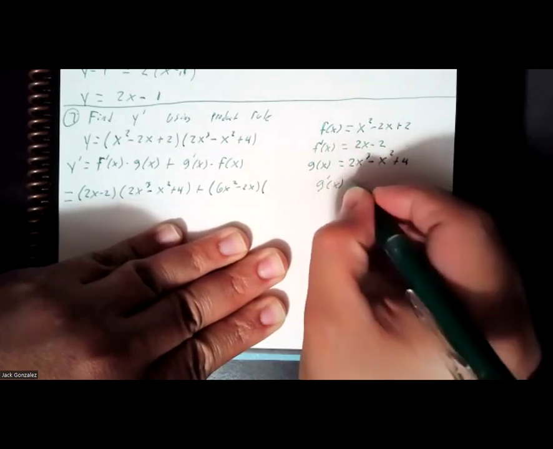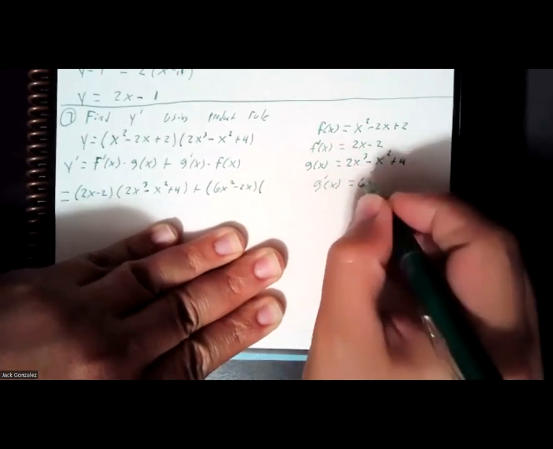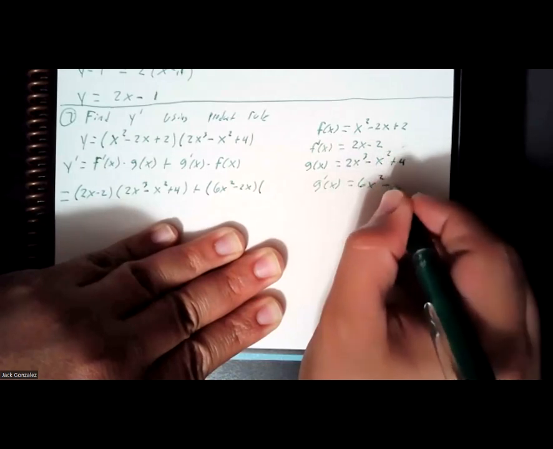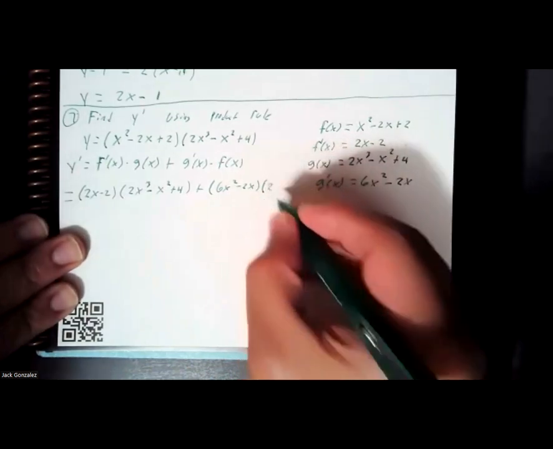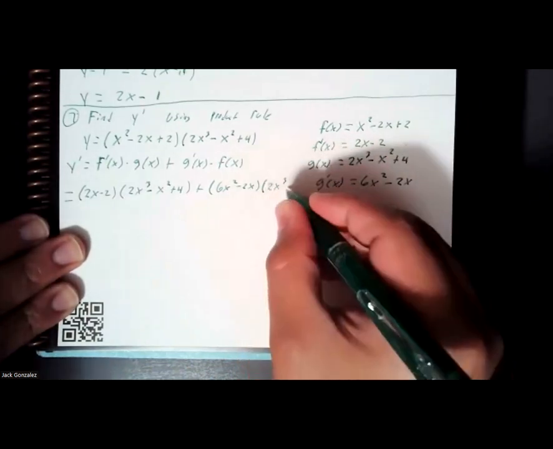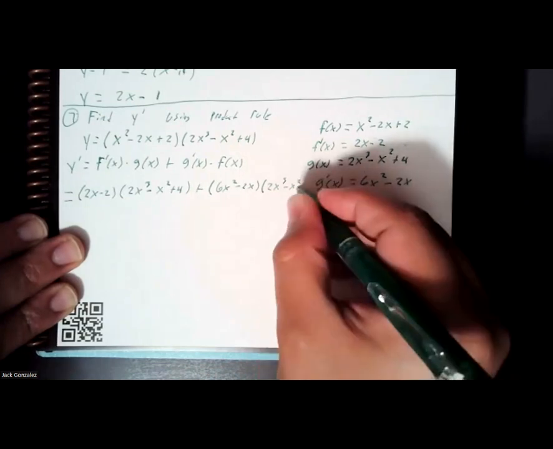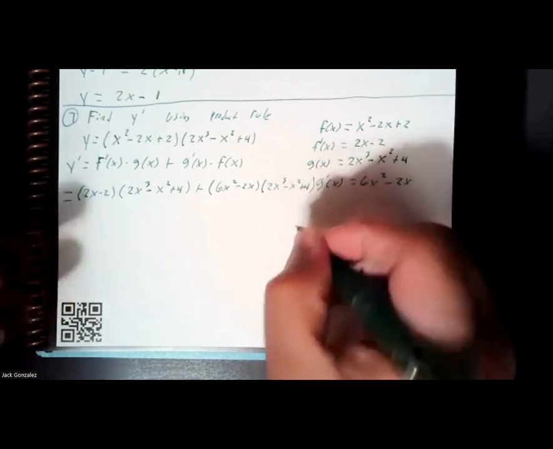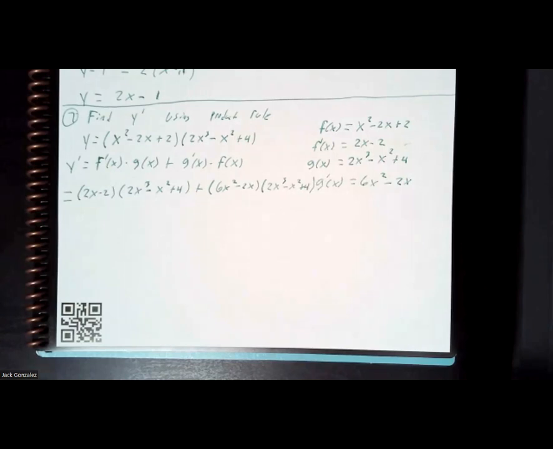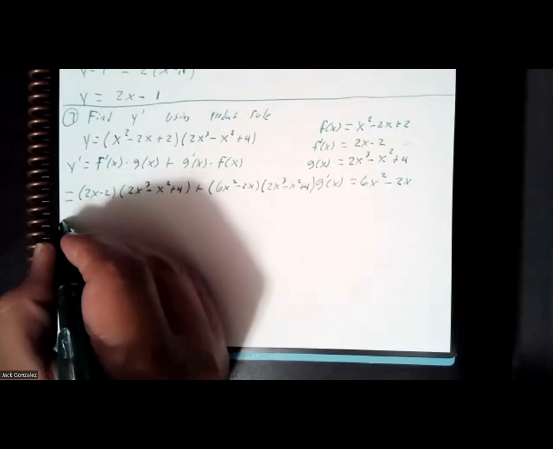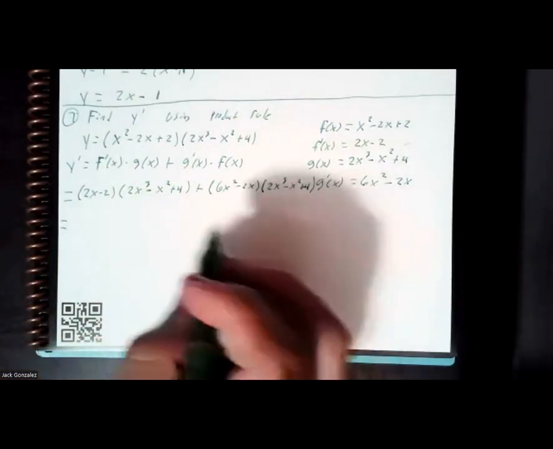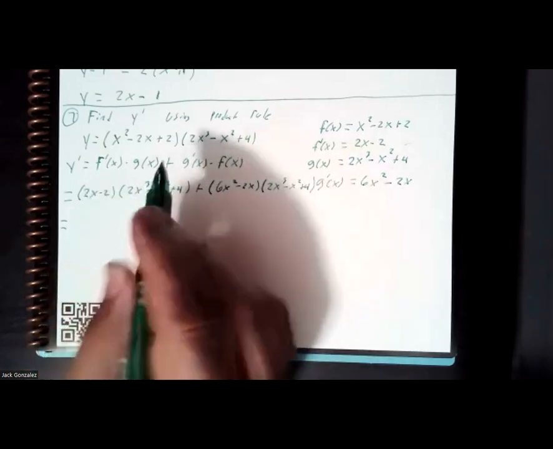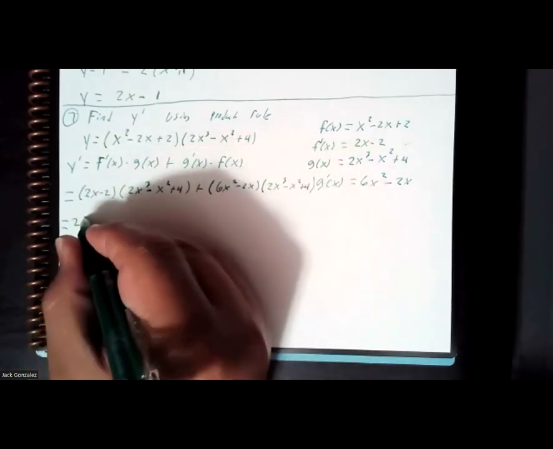Okay. So we're just doing the product rule. They multiply everything out, so we're going to have to distribute. This guy will be 2.